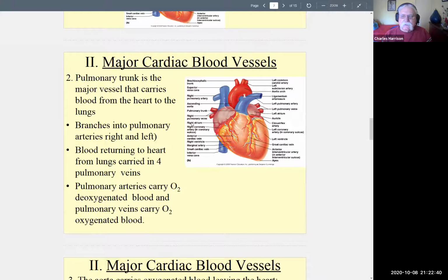The pulmonary trunk branches into the right and left pulmonary arteries. Returning from the lungs, once the blood has been recharged with oxygen, the blood returns by means of 4 pulmonary veins. Here's one, 2, and the other 2 are on the other side coming from behind.